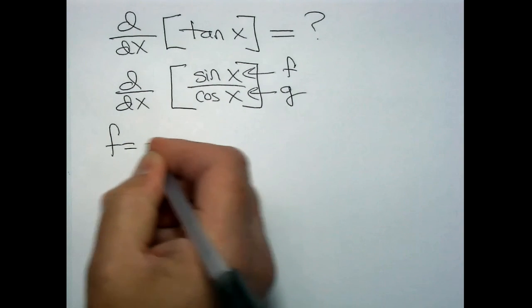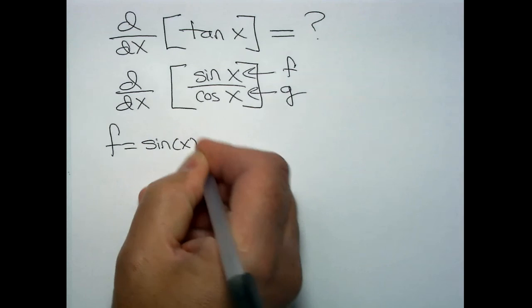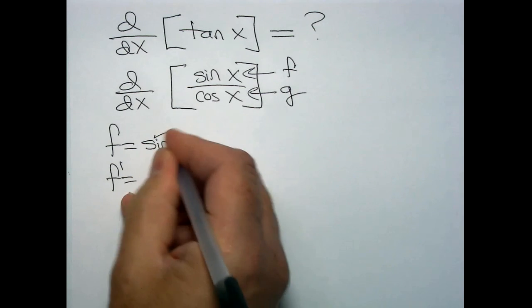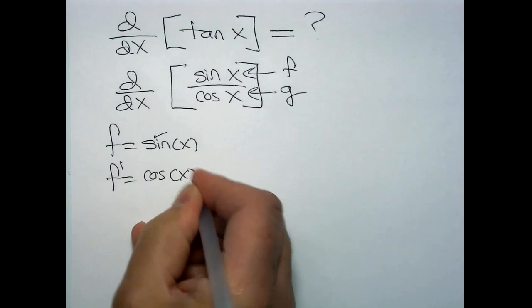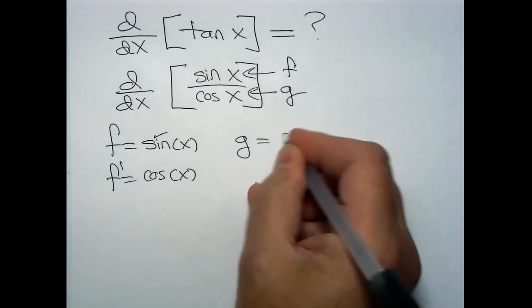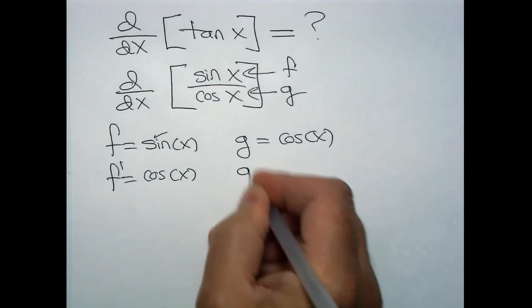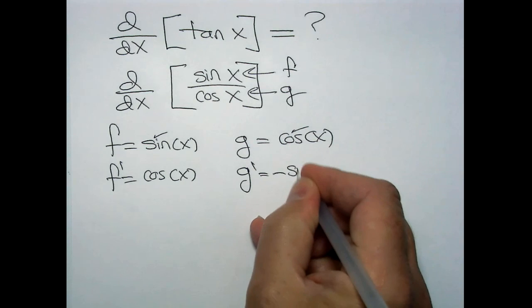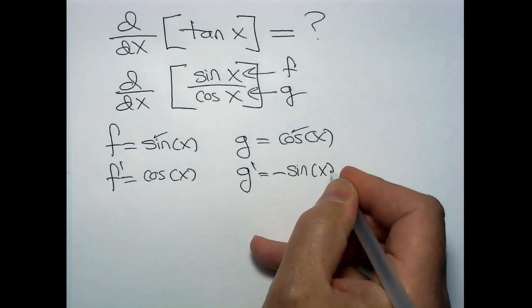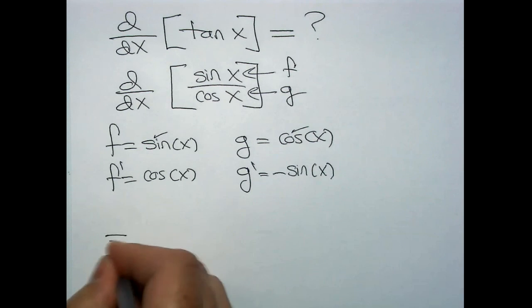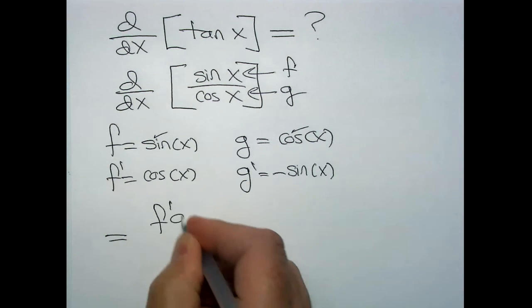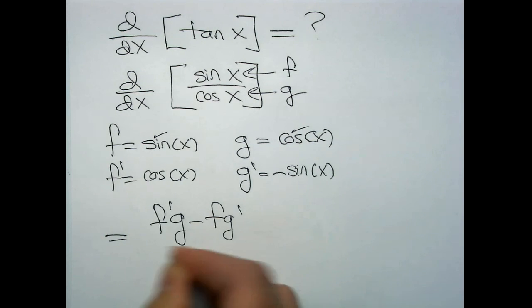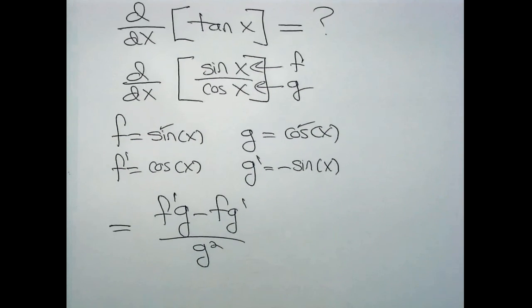So f would be equal to the sine of x. F prime is the derivative of sine, which is cosine of x. G would be equal to cosine of x. G prime is the derivative of cosine, and remember, that's minus sine. Let's not forget how to mix and match these together with a quotient rule. It's f prime g minus f g prime all over g squared, and simplify as much as we can.